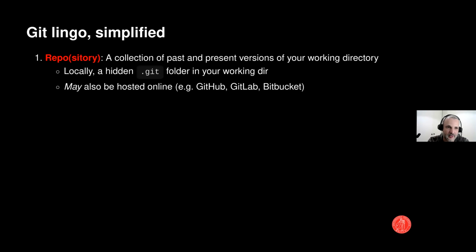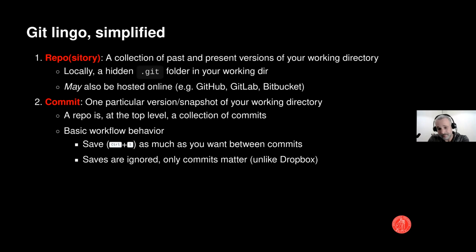Locally, your repository is a hidden .git folder in your working directory, but it may also be hosted online, like on GitHub or GitLab, Bitbucket. I think that still exists. Anyway, that's your repository. So you will probably always have a local repository, and then sometimes also an online repository.